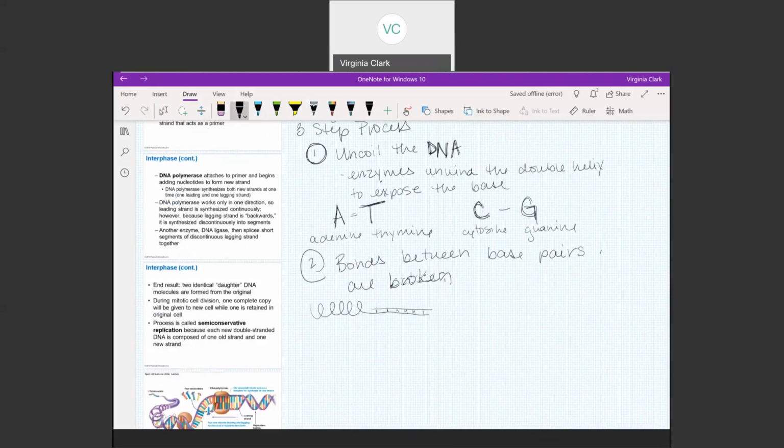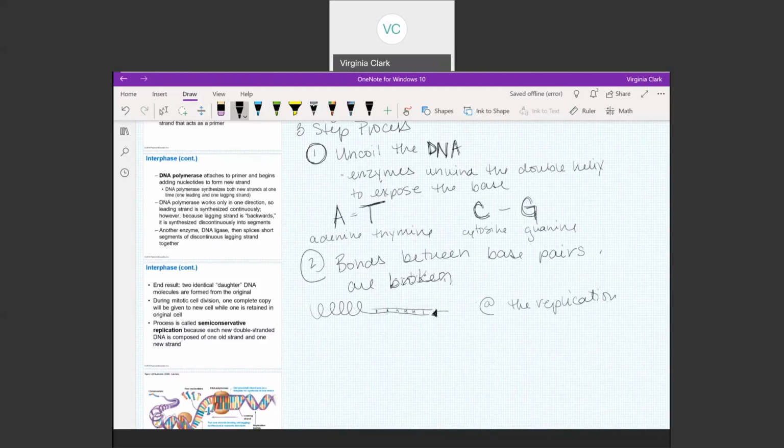So what we're saying in part 1 is that we've uncoiled the DNA. Part 2, we now have to break these base pairs, essentially down this ladder rung, in order to have a side that is open. So the bonds between the base pairs are going to be broken, and this is going to happen at the replication fork.